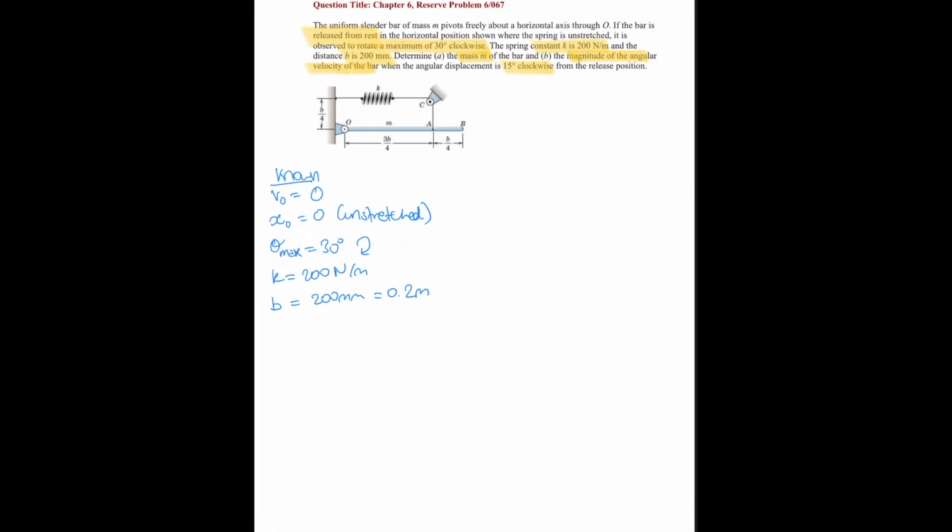Okay, so first of all, position 1 looks kind of like this simplified. This is A, this is B, this is C, this is spring K, and this is O. While in position 2, this is kind of what it looks like.